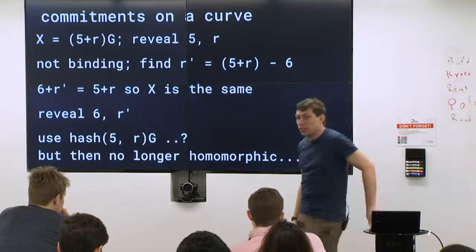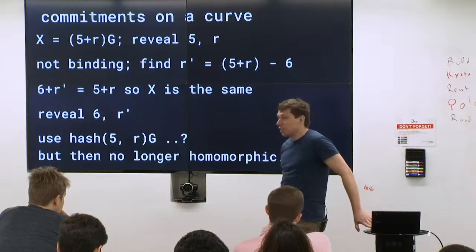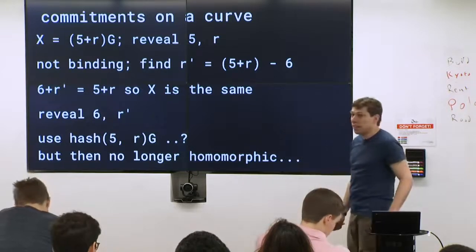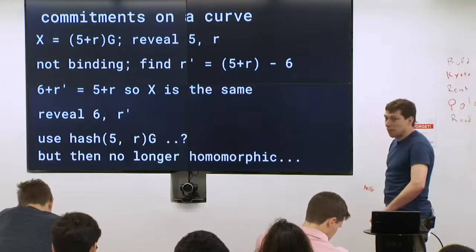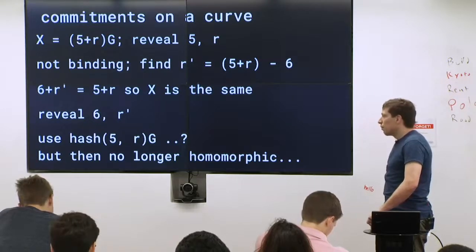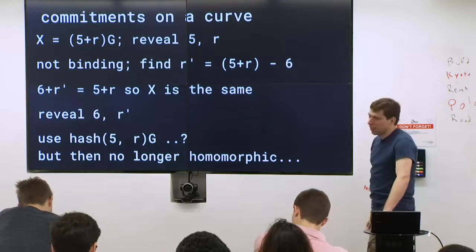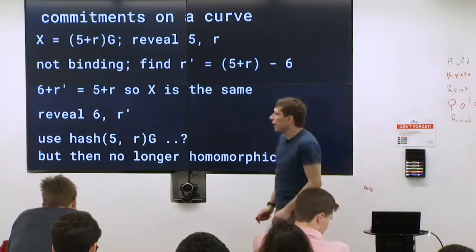So how about this? I'll hash 5 and concatenate r, and then multiply that hashed output by G. Maybe, but then it's no longer homomorphic, right? Then I can't add.